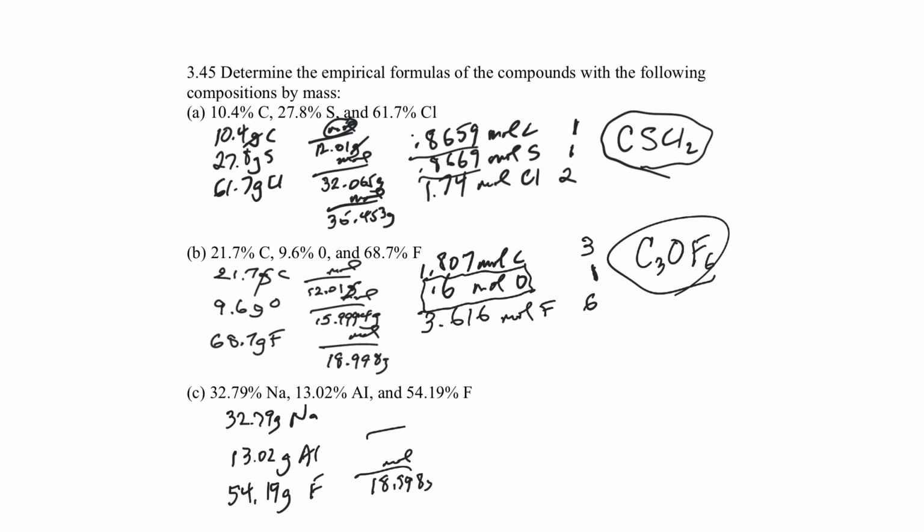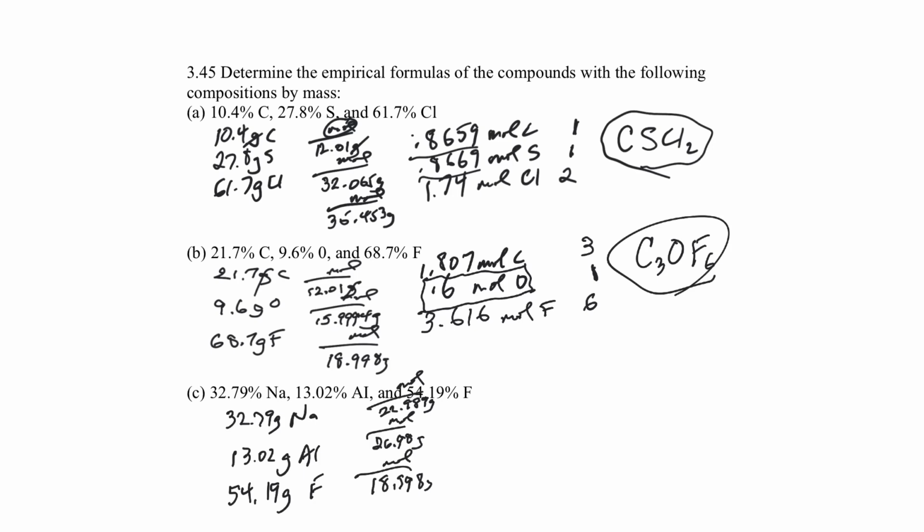Aluminum is 26.98 grams per mole. And sodium is 22.989 grams per mole. So divide those numbers.